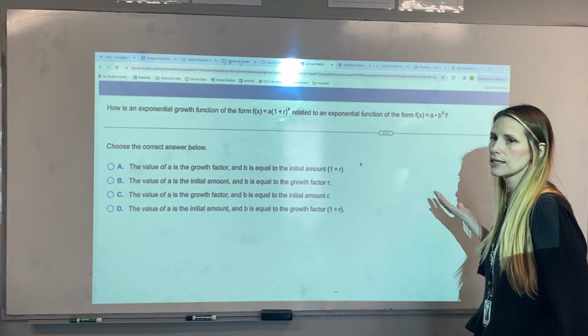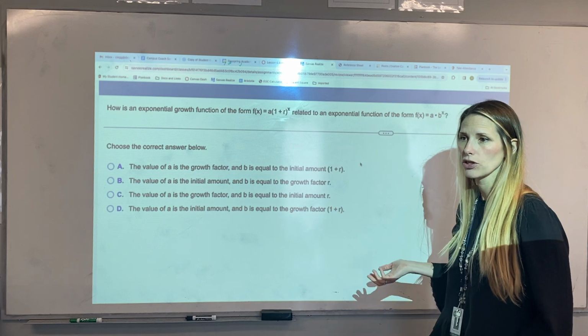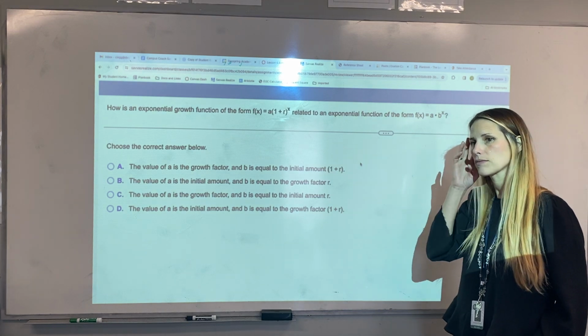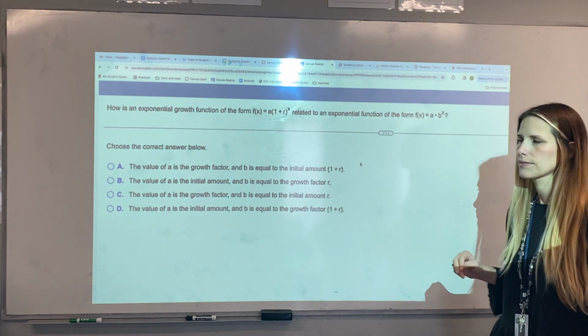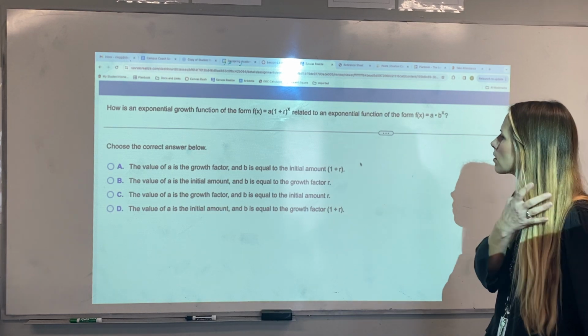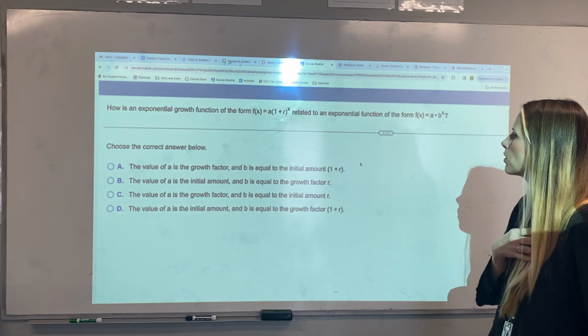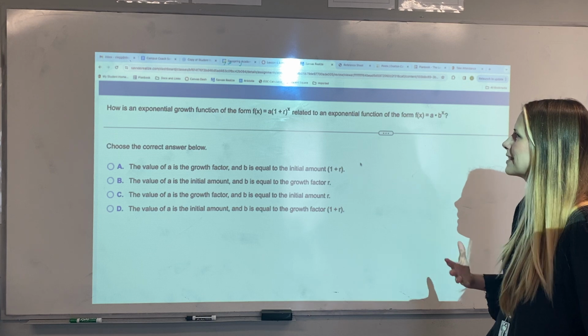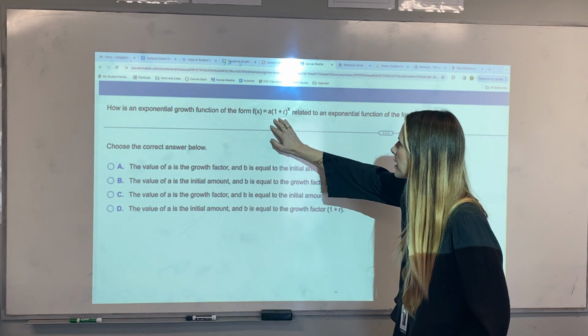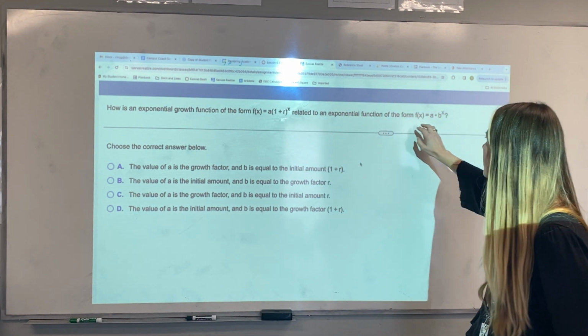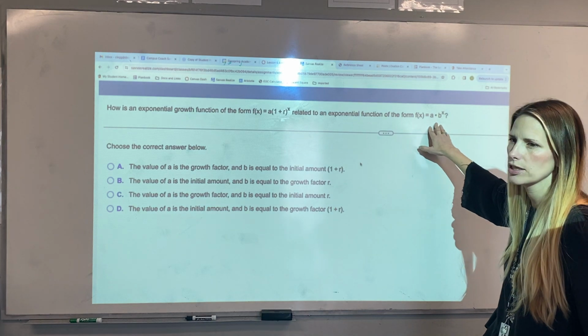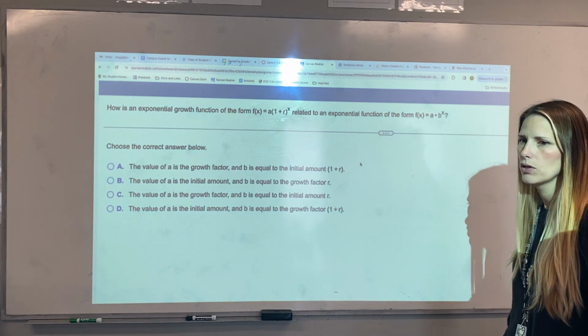What do you notice that's the same about them? What do you notice that looks a little bit different? What do you notice that is the same about this exponential growth function and this exponential function, the basic function form?